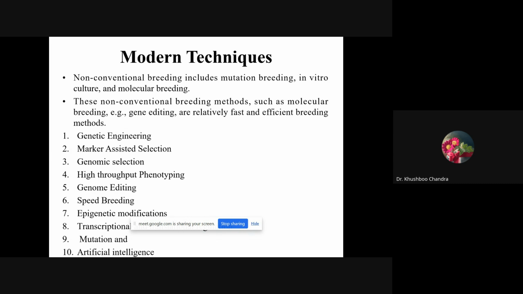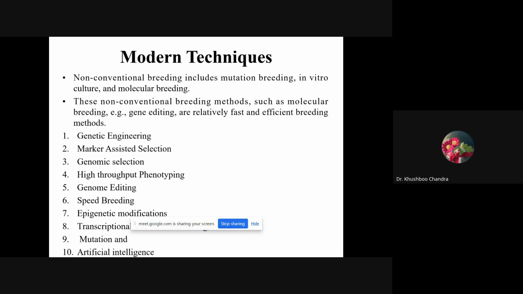Okay. So tools like marker assisted selection, genomic selection, speed breeding, in which in just 2 years we can cover up to the F4, F5, F6 generation, epigenetics and AI enable breeders to handle very complex traits. If a trait is tightly linked with some non-functional or undesirable trait, that can all be edited, transformed or translated into our new variety.